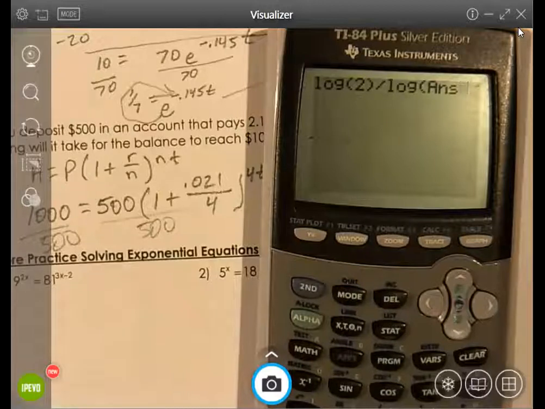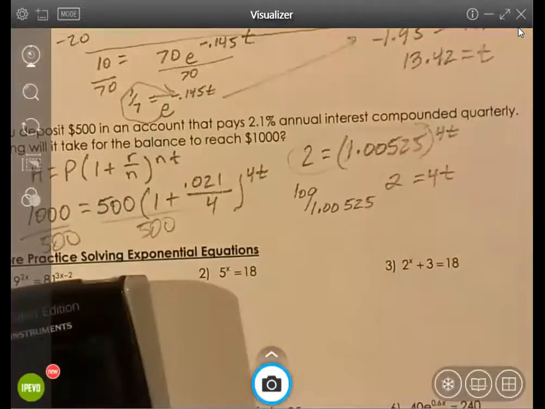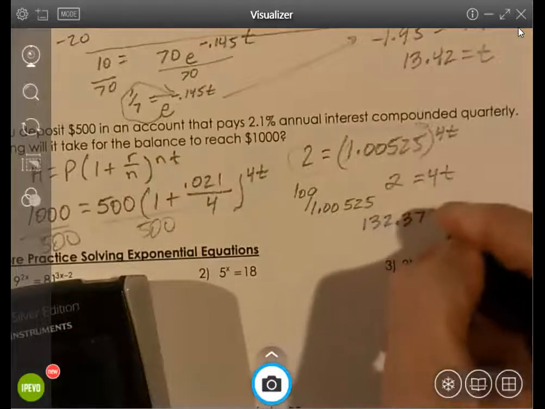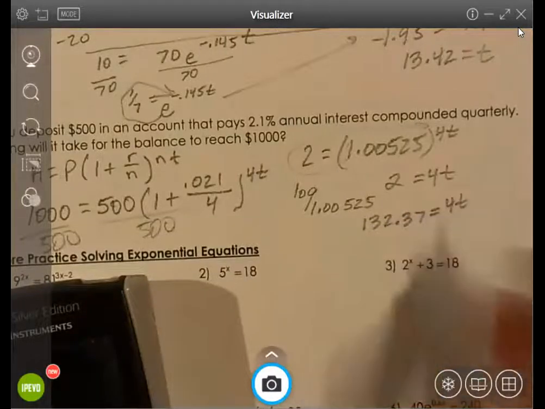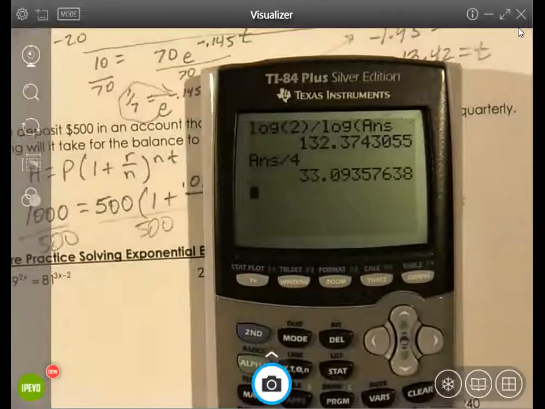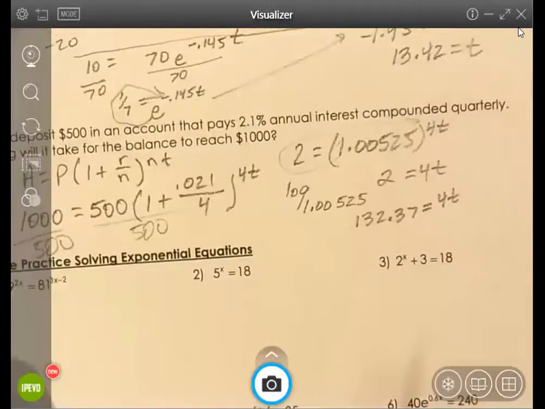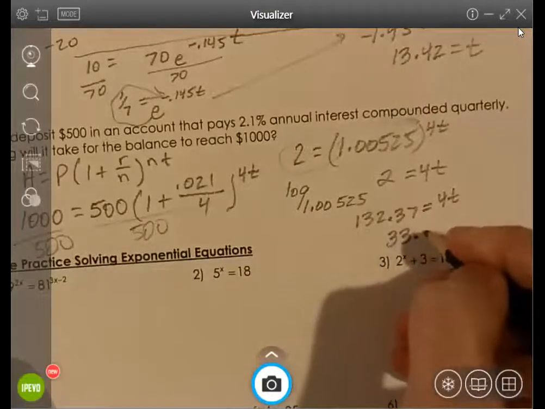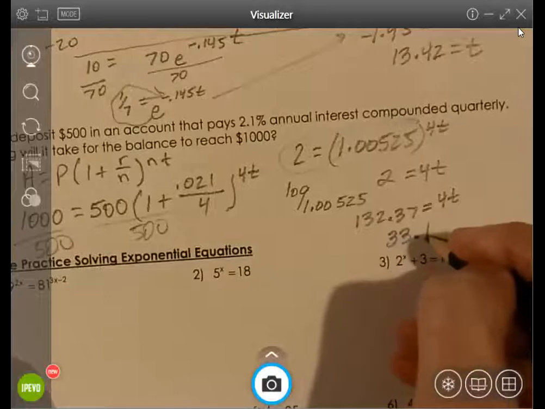And I believe that was that funny decimal version. And we can divide that by 4. We get about 33.09, 33.1. That would be years.